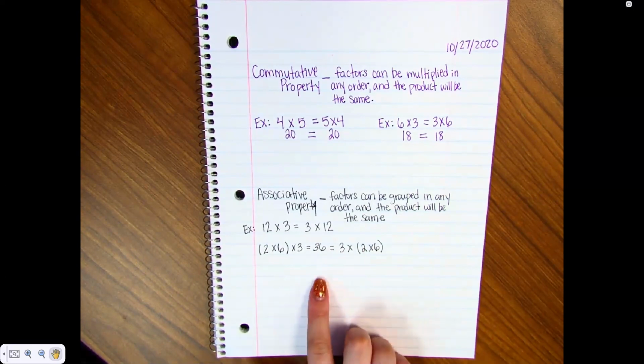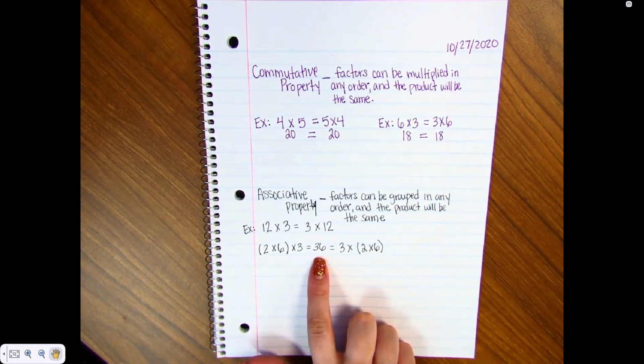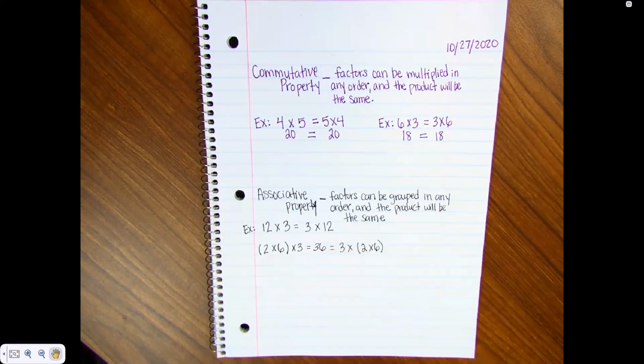I know this one's really confusing, okay? But I mainly want you to look at just the fact that it's the placement of the numbers. Your placement of numbers is what's changing. Both of them are basically saying it doesn't matter what order you put the numbers in. If your numbers are the same, your product is going to be the same.